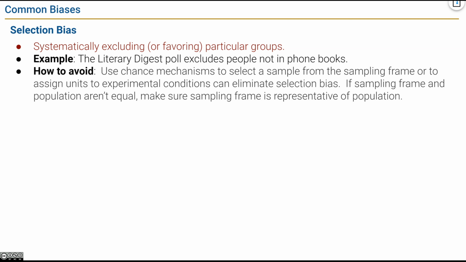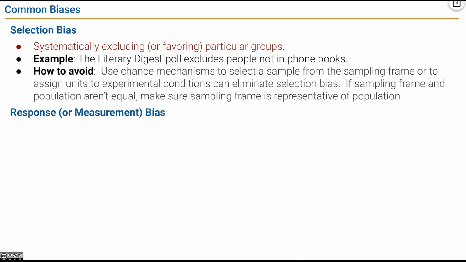So to avoid this, make sure as much as possible that the sampling frame and the population align and that you're using very deliberate sampling methods. And we'll talk about some of these in the next video.